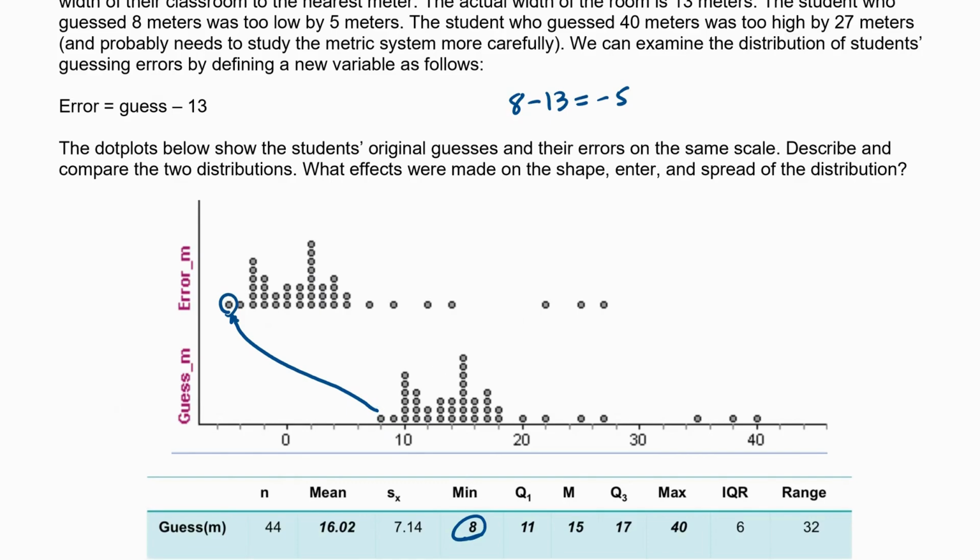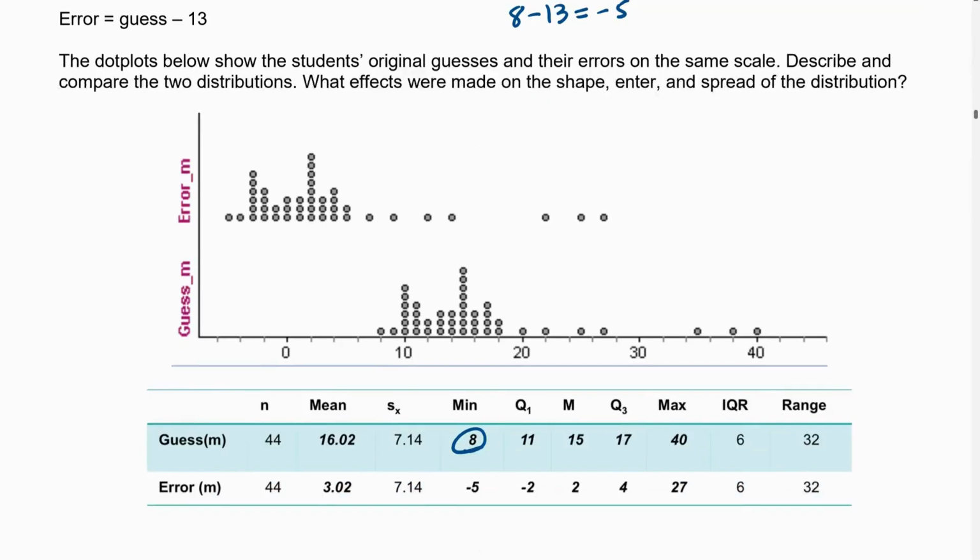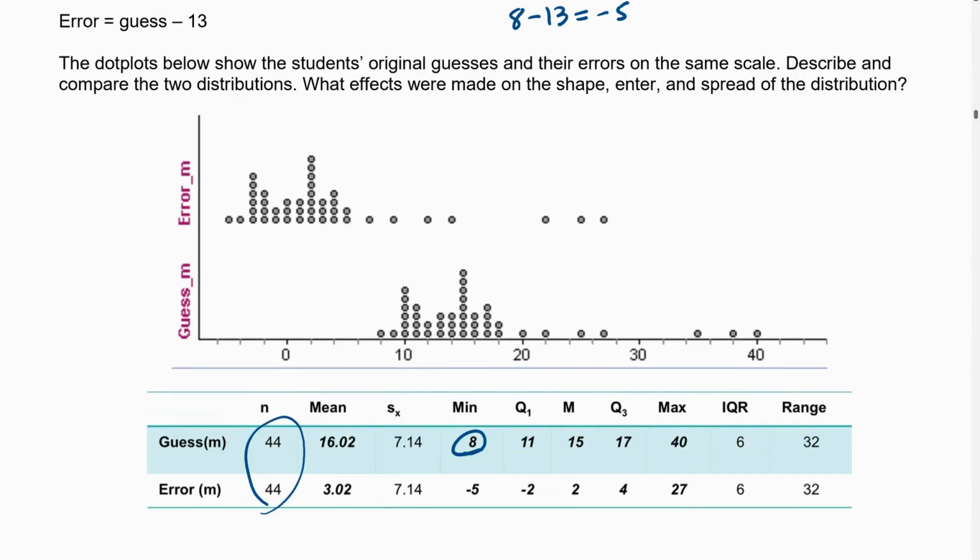Now let's take a look at the summary of all of these data points. First of all, there's the same number of data points in both distributions. Now, we're going to take a look at things like the mean. Well, if I take the mean and I subtract 13, I get 3.02.